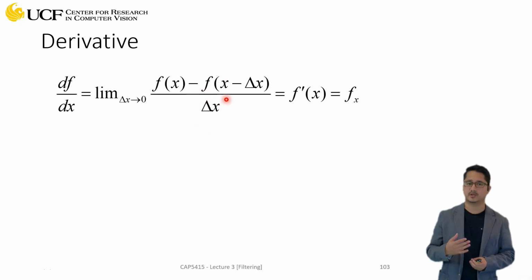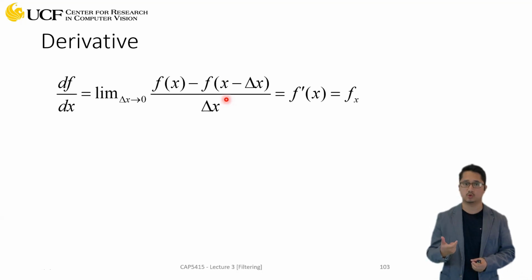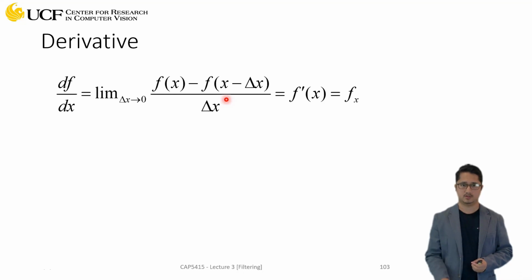So this gives you how fast your function is changing. As I said earlier, this is also the slope of this function at this point. This is represented as f with a single dash over here, and you also use a subscript x to represent a single derivative.